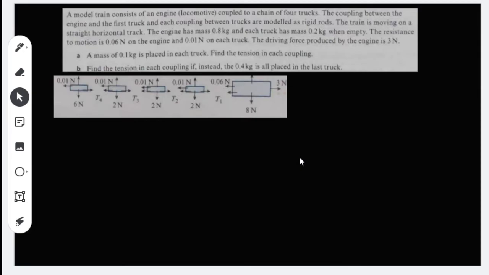The last truck will have a weight of 6 Newton because its mass will be 0.2 plus 0.4, so 0.6 kilogram. Just a reminder, in mechanics, the acceleration due to gravity that we use is 10 meters per second squared. That's why we come up with these weights in the given diagram.